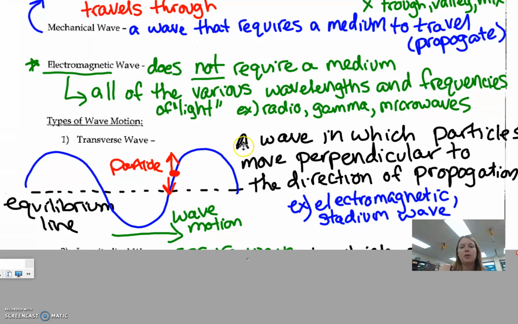A transverse wave is a wave in which particles move perpendicular to, or kind of opposite to, the direction of propagation. An electromagnetic wave would be a great example of that, and a stadium wave: those people standing up and coming down, they're going up, but the energy is traveling side to side.